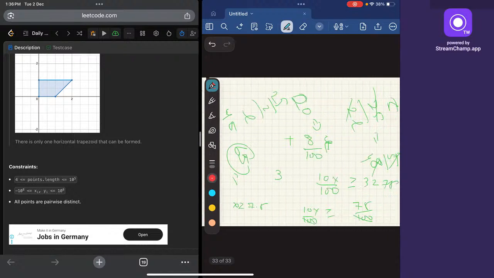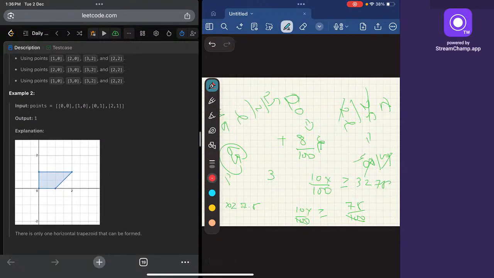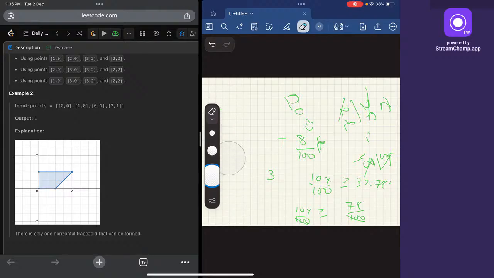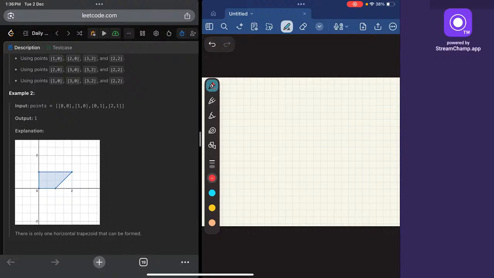Let's see another example. Now let me draw the x-axis and y-axis.